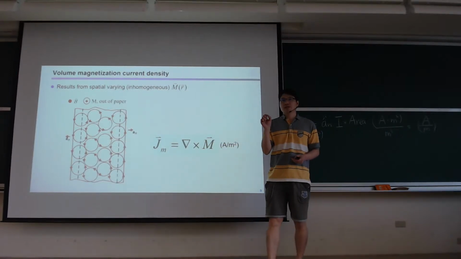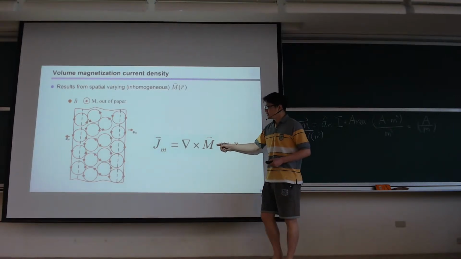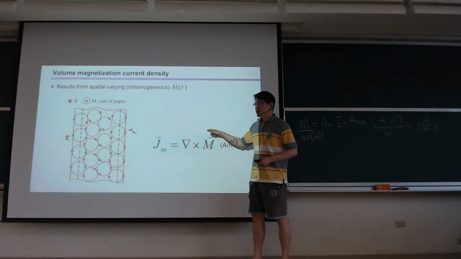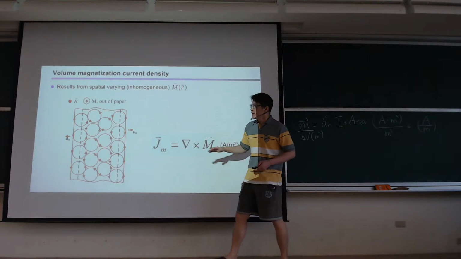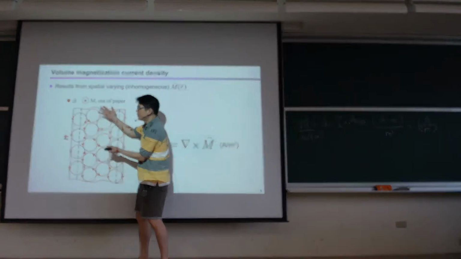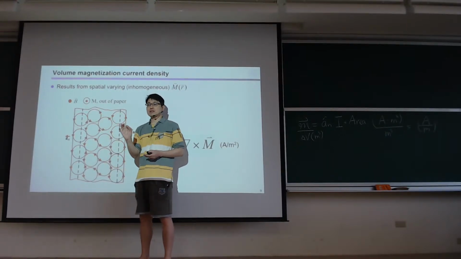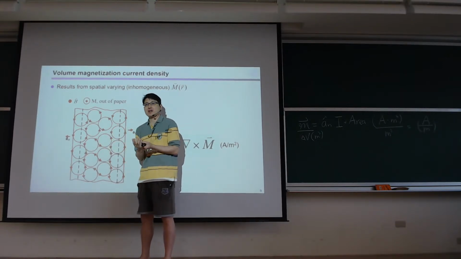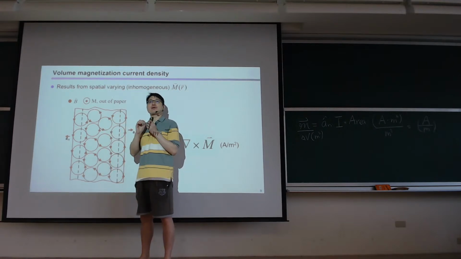So the first question you have to ask is, when can this value be non-zero? In the current case, we have a very uniform magnetic material. Uniform means homogeneous; let me use a more precise term. What I'm trying to draw out now is a very homogeneous magnetic material.